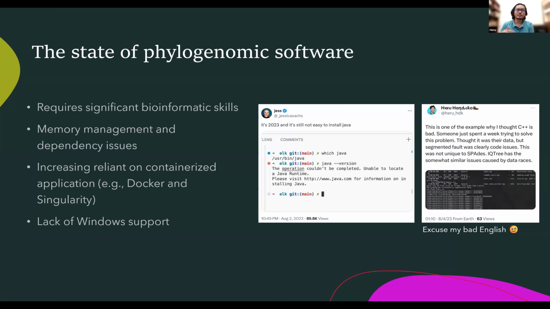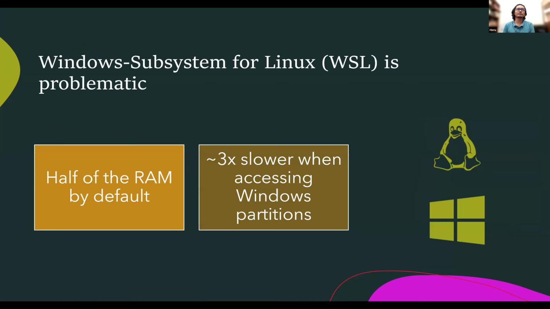Docker helps solve dependency issues, but Docker is commercial software. It used to be free for everyone. Now it's only free for personal use, research, and education, and we don't know how long they will keep it this way. And many software only work on Windows. You may say, but Windows can run Linux software.